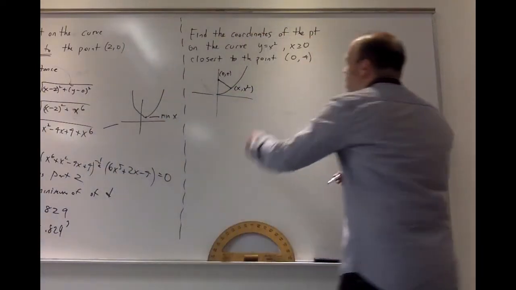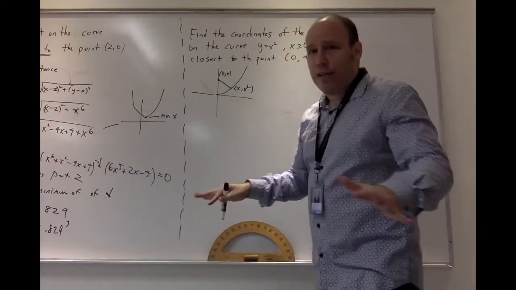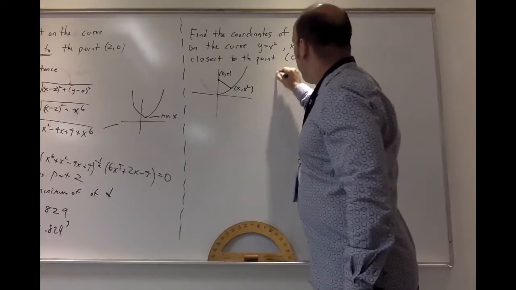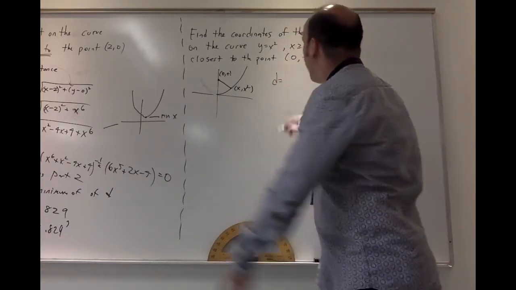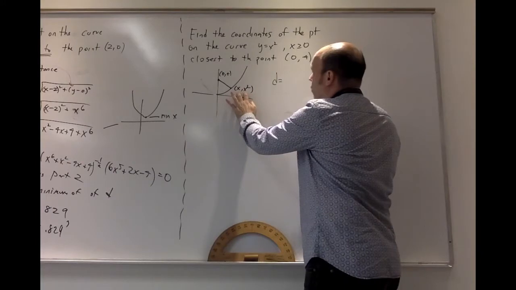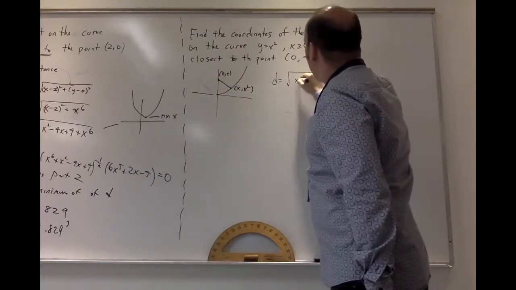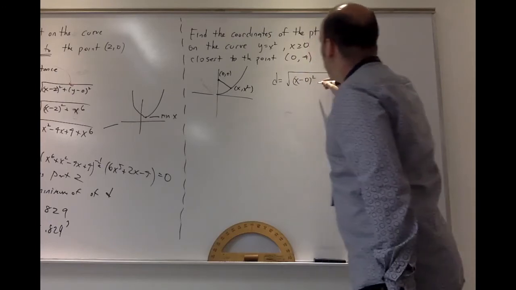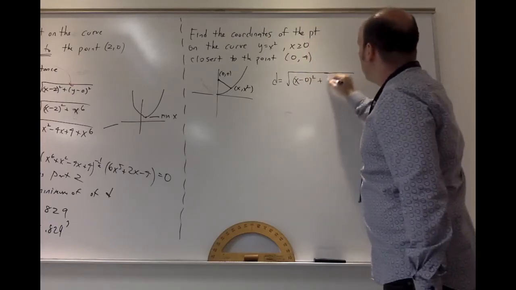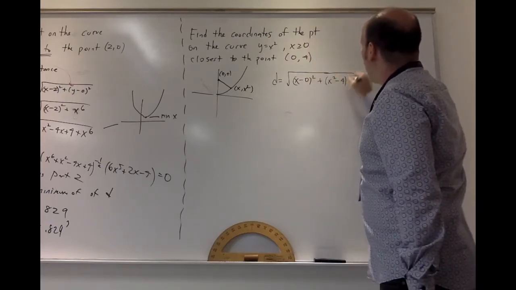Now, you say, okay, I can figure this out. I know the distance between 2 points is, and I'm going to start from my x squared and go to (0, 4). It's the square root of x minus 0 squared plus x squared minus 4 squared.